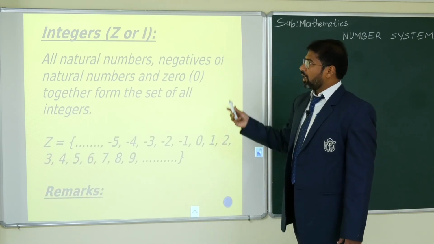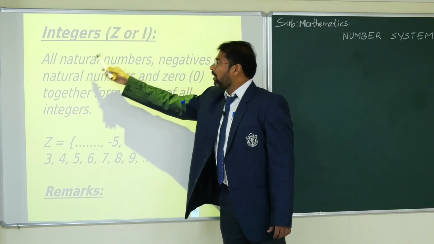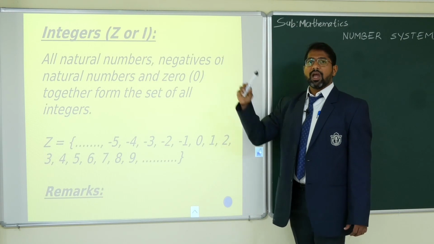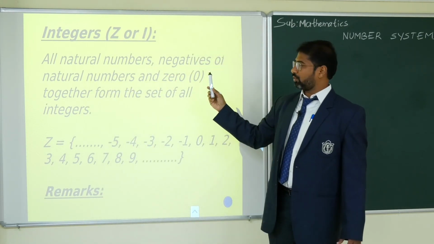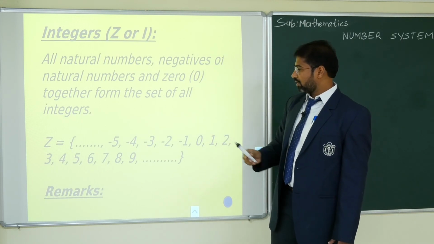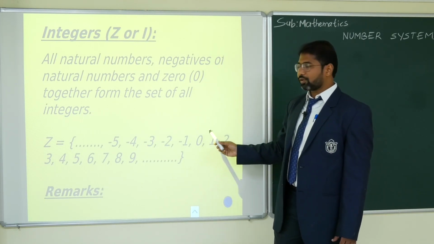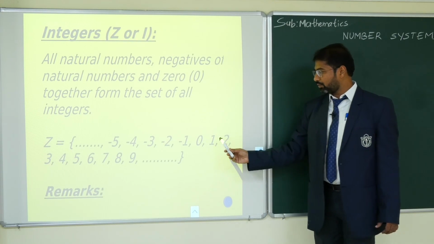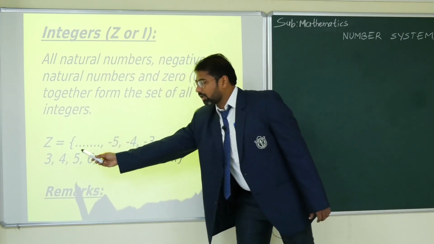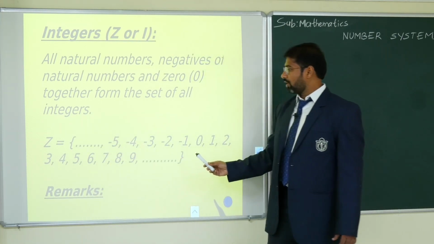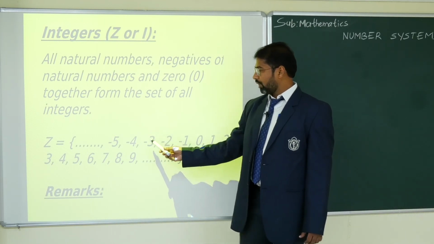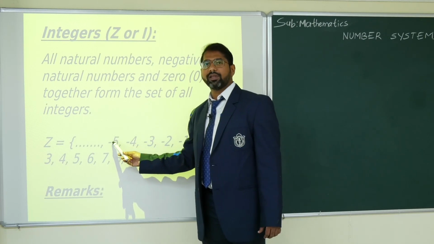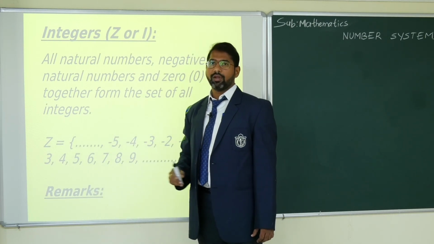Next number set is integers. Integers are all natural numbers, negatives of natural numbers and 0. To the right side of 0 you can see 1, 2, 3, 4 and so on. To the left side of 0 you can see -1, -2, -3, -4, -5 and so on.